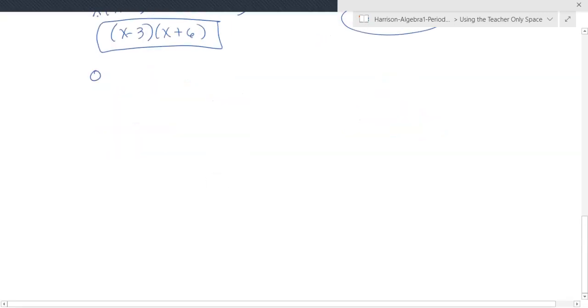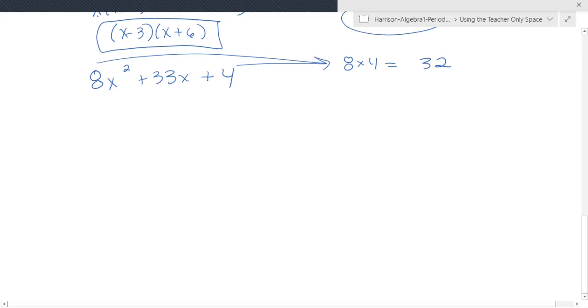Next example, 8x squared plus 33x plus 4. All right, so we've got 8 times 4. 8 times 4 is 32. So my factor pairs, 1 and 32, 2 and 16, 4 and 8.